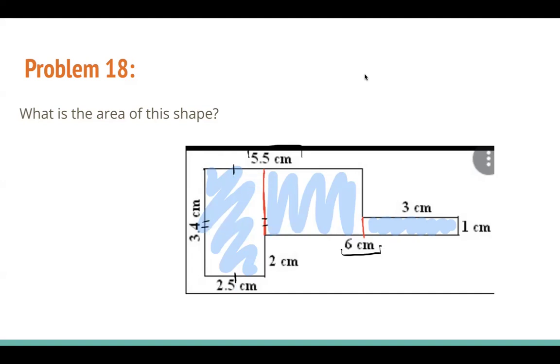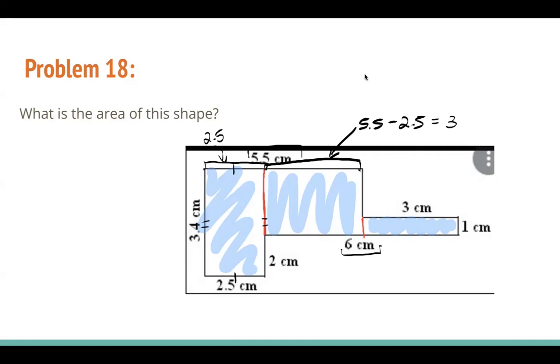So therefore, this side is going to be 2.5. Then that leaves this side being 5.5 minus 2.5, right? Does everyone understand? That is 3.0.